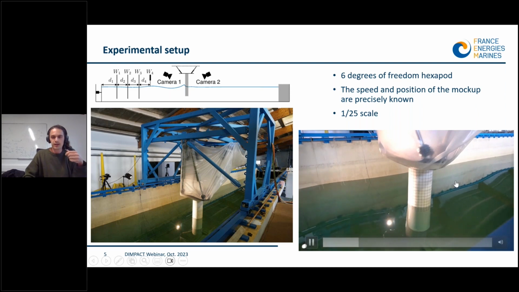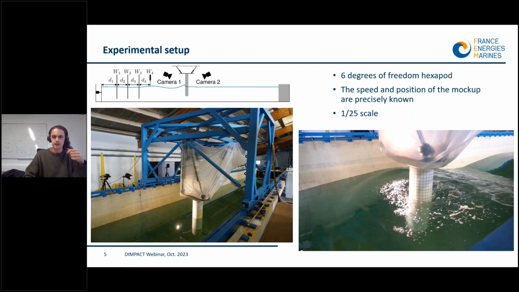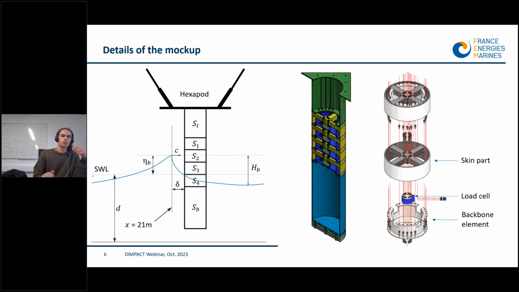So here is a video of a breaking wave impact during the experiments. And the scale of the experiment was 1/25. Now more details on the mock-up. It's a segmented mock-up, and we have 4 sections which are instrumented.